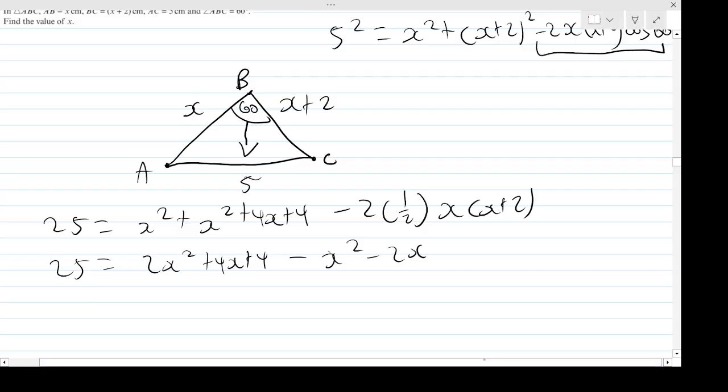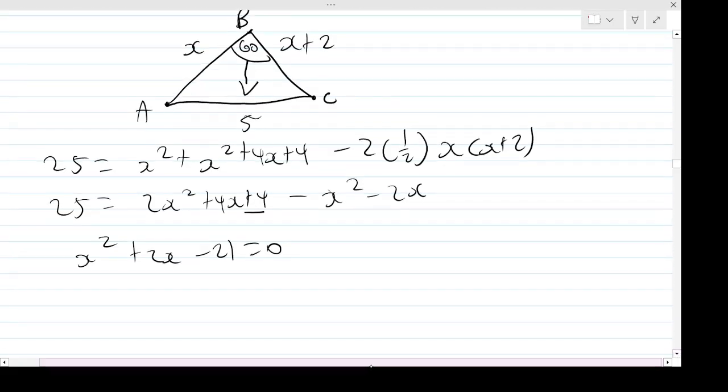Collecting like terms again, 2x squared minus x squared gets me plus x squared, then 4x minus 2x is plus 2x, then 4 take away 25 is minus 21, equal to 0.